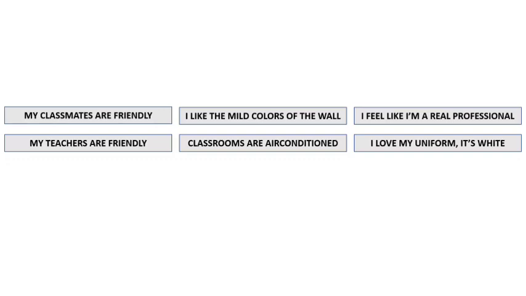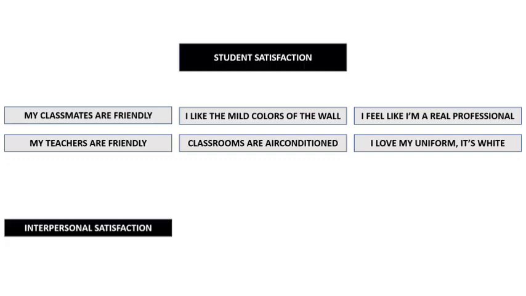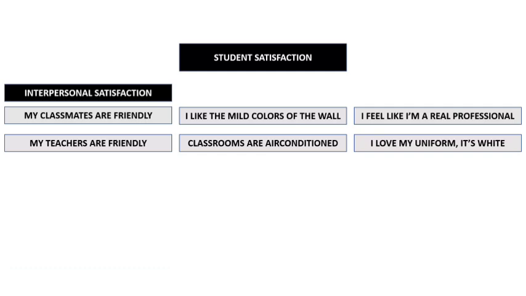Student satisfaction can be grouped into three if we will thematize the information given. We have the interpersonal satisfaction with the statements, my classmates are friendly, my teachers are friendly. This would refer to satisfaction between the person feeling it towards another person.